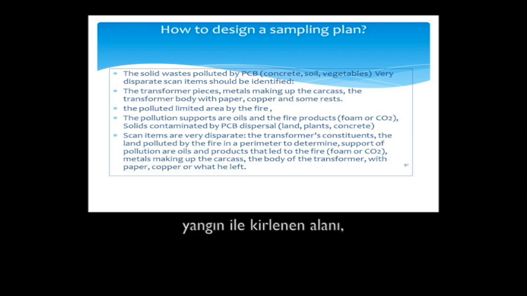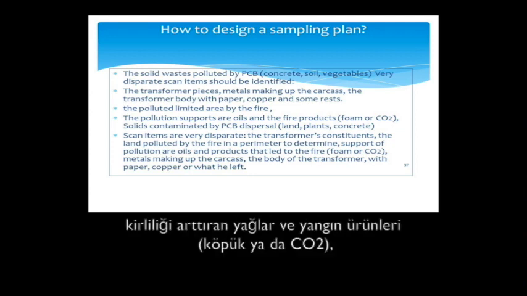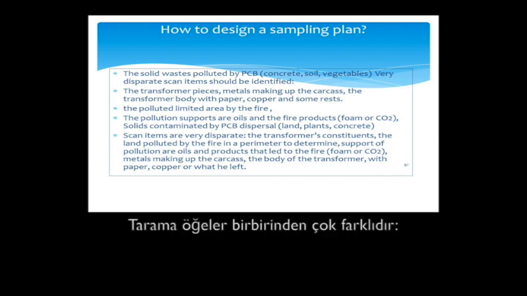The transformer pieces: the metal making up the carcass, the transformer body with paper, copper and some rest. Separate the limited area affected by the fire. The pollution supports are oil and the fire products that disseminate, like foam and CO2. Solid contamination by PCB dispersion: land, plants, concrete. The scan items are very disparate.